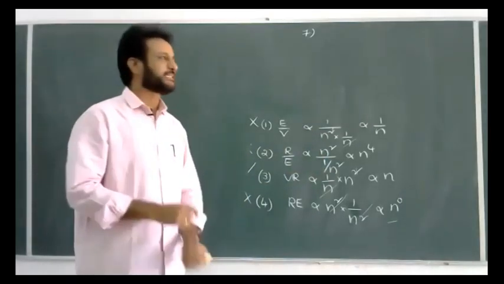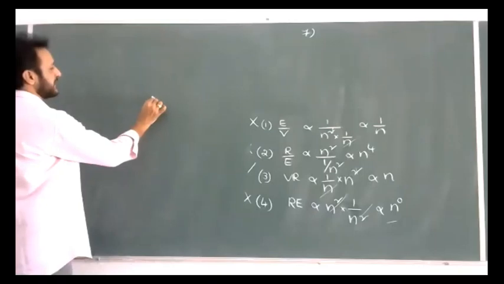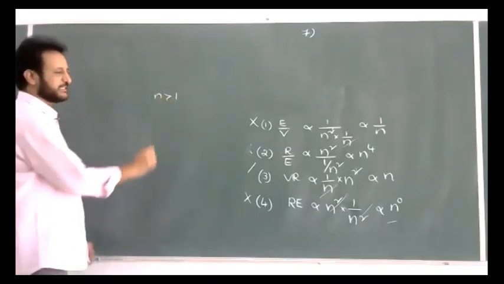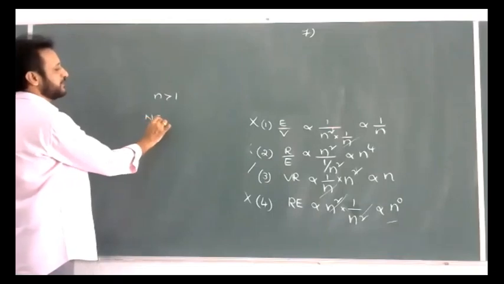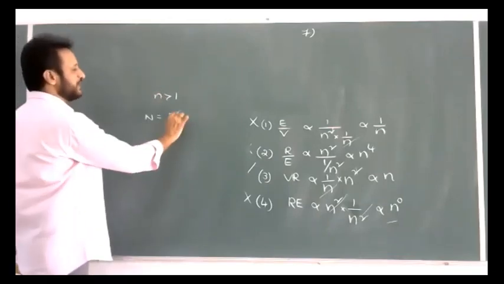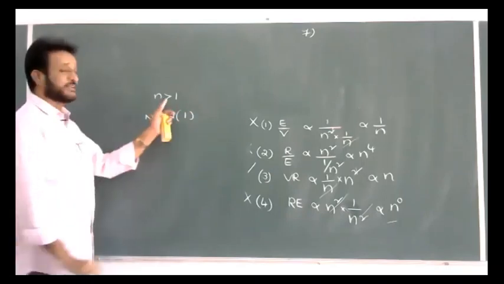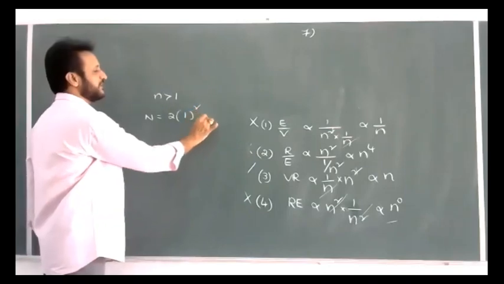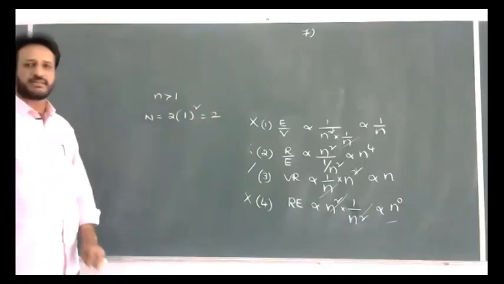for example, if principal quantum number greater than 1 is not allowed, just imagine, the number of elements formula is 2 into n square, a simple formula. Up to 1 is allowed, so I'll write 2 into 1 square, which equals 2. So the number of elements is 2.